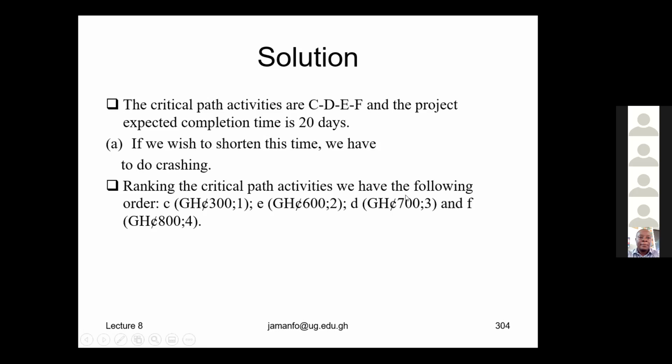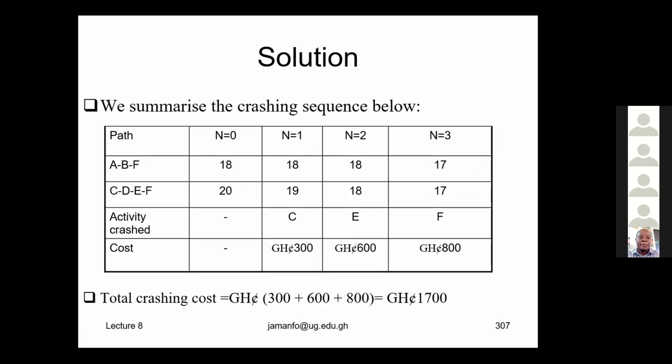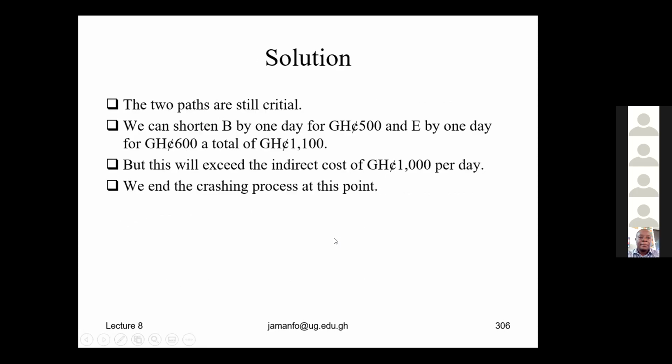Now, when we crashed C and then we crashed E, we got to a point where the 2 paths became critical. That's why we are saying that we could have crashed another day with our E, because E, we can crash it for 2 days, but we crashed it for only 1 day.